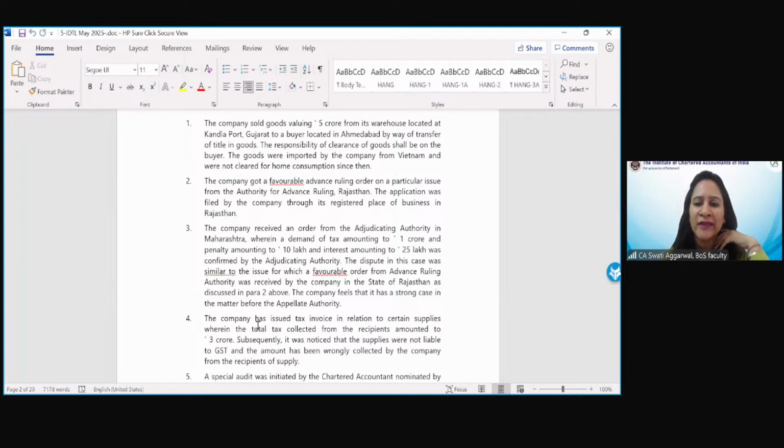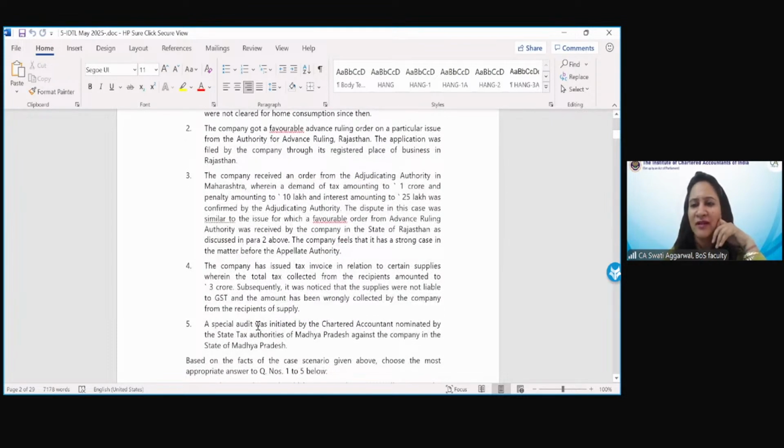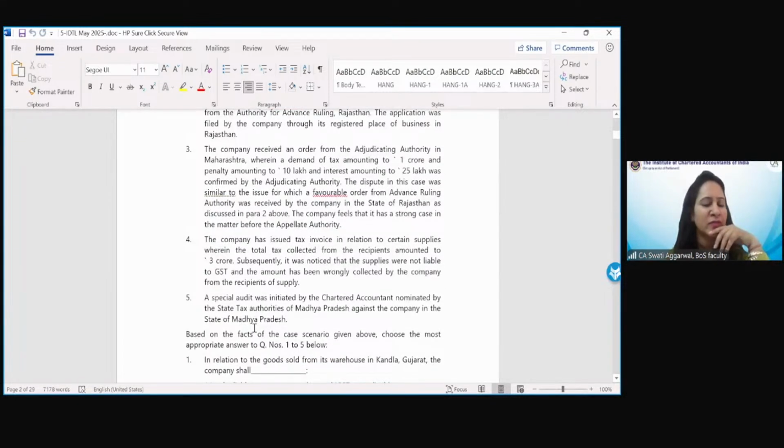The dispute in this case was similar to the issue for which a favorable order from the advance ruling authority was received by the company in the state of Rajasthan. As discussed in para 2 above, the company feels that it has a strong case in the matter before the adjudicating authority. Right? So we have some information regarding the appeals, advance ruling, and let's read another part of information.